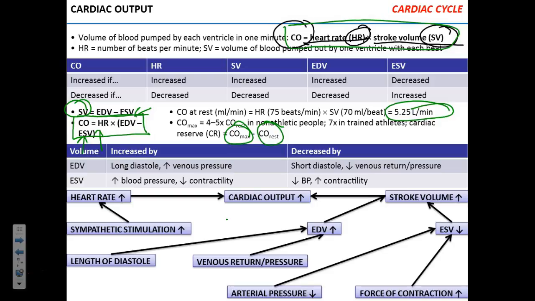So how high can you go with a cardiac output? Now this table is really one of the important things. If you can fill out this table by yourself, it's going to be awesome.